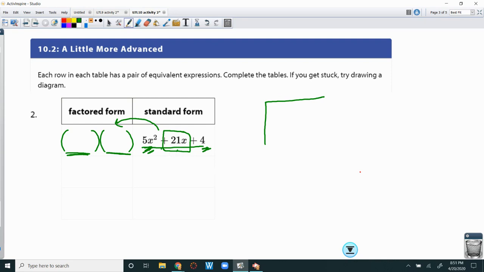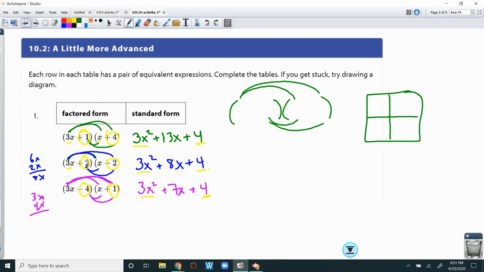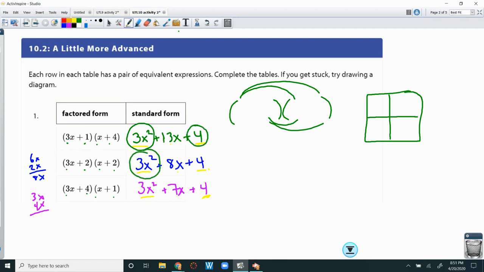Right? Because if we look back in the previous example, all of these had numbers that multiplied to 4 and numbers that multiplied to 3x squared. So that 3x squared and that 4 were the same, right? But we've got to figure out which combination, which special combination will get us the right middle term.